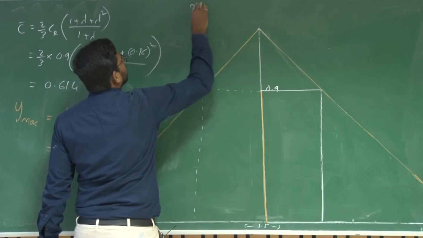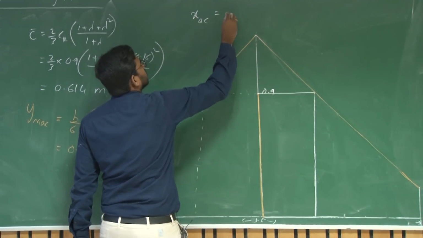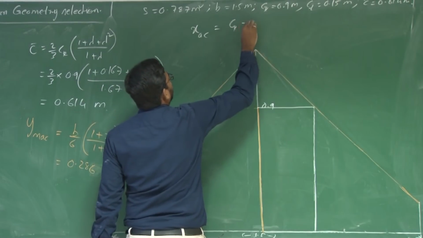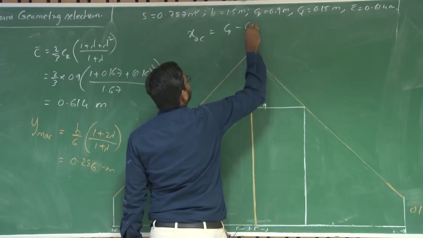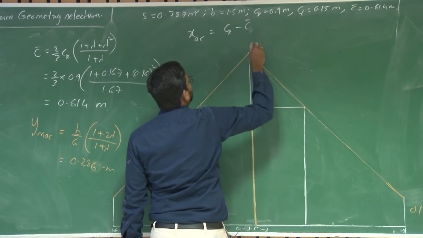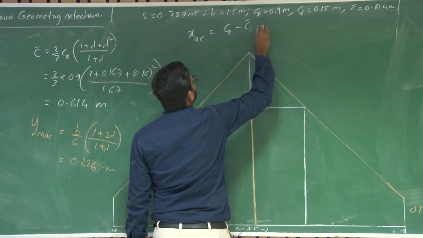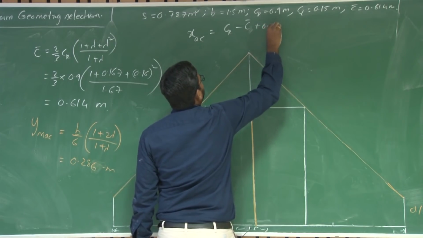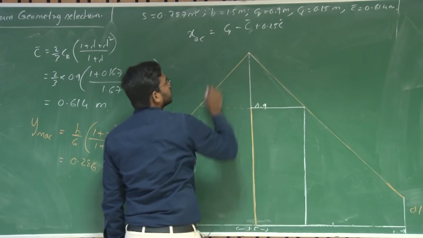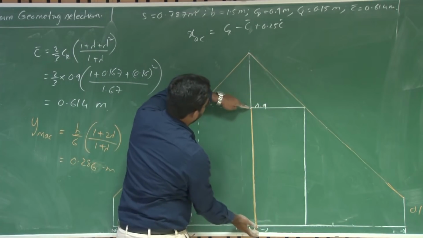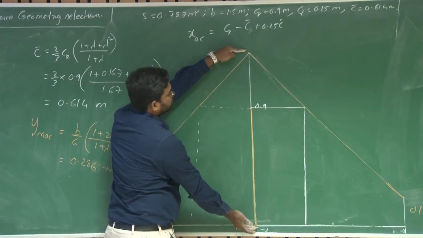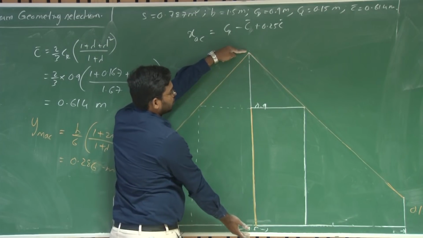So, X AC equals CR minus C bar plus 0.25 C bar. What does it mean? What am I doing here? I am subtracting this mean aerodynamic chord from the total chord, the root chord, of this configuration.